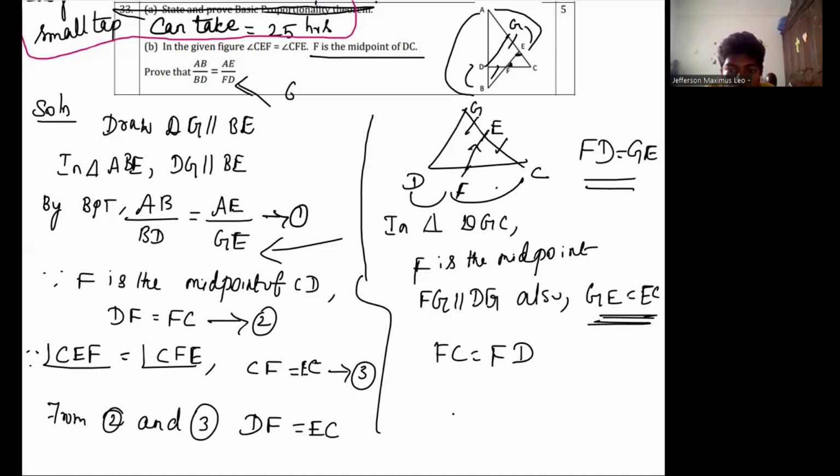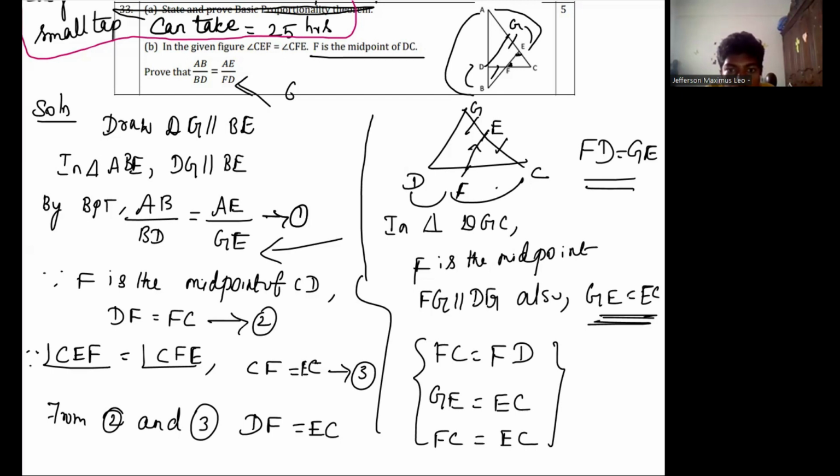F is the midpoint. Now we have said GE is equal to EC. Already FC is equal to EC. We have so many results in hand. So from all these three, simply we say GE is equal to FD. See if it matches.